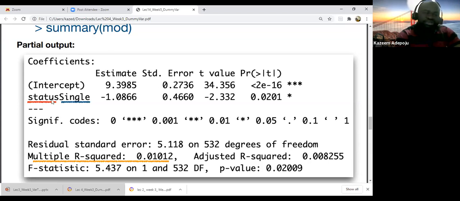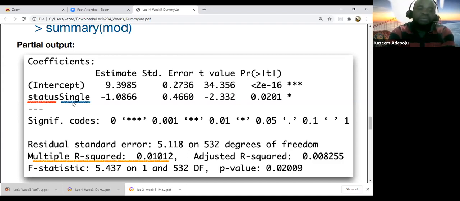Right here it is disclosing single, so it's making married the point of reference. When you run a dummy regression model and the number of levels is 2, it's always going to disclose 1. That's why you see status single.